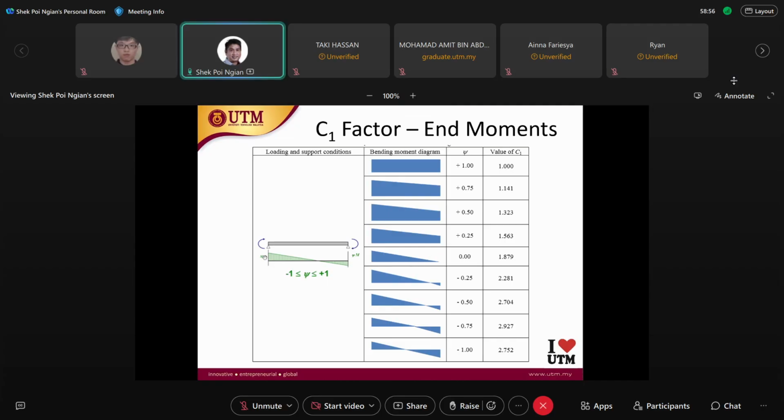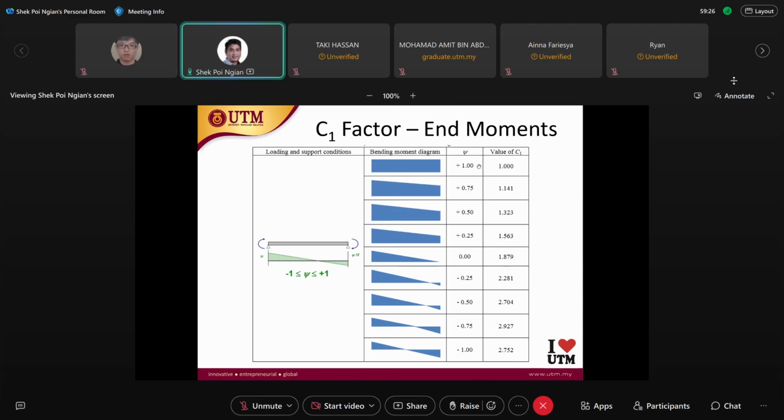To calculate the psi, we take the end moment divided by another end moment. So from this, take this value, the end value here, divide by the end value here. Then you will get a ratio, the end moment ratio, psi, from 1 to -1.